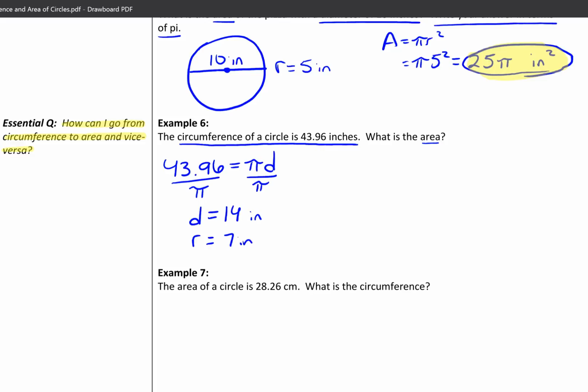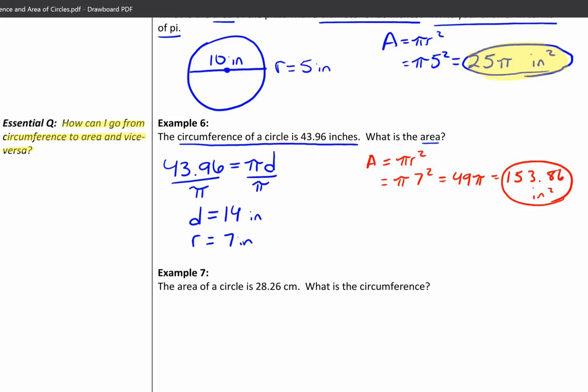So now let's find the area. Area equals pi r squared. So pi times 7 squared, which is 49 pi, which approximates to 153.86 inches squared.